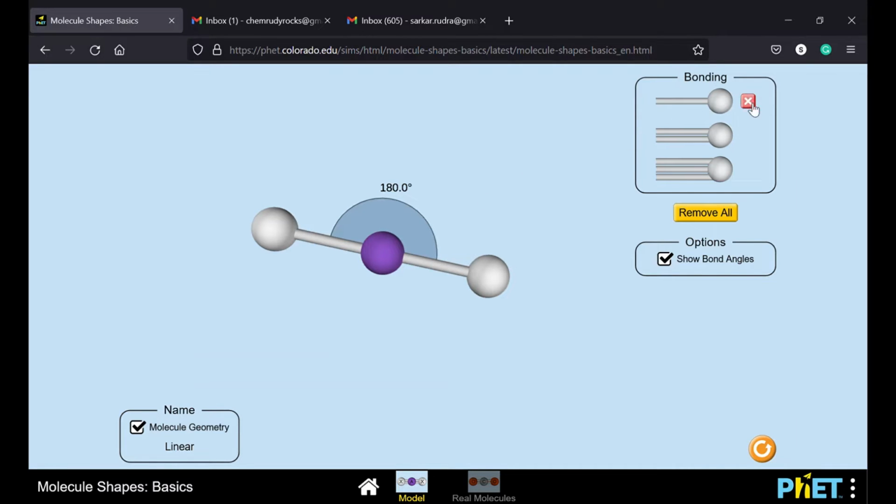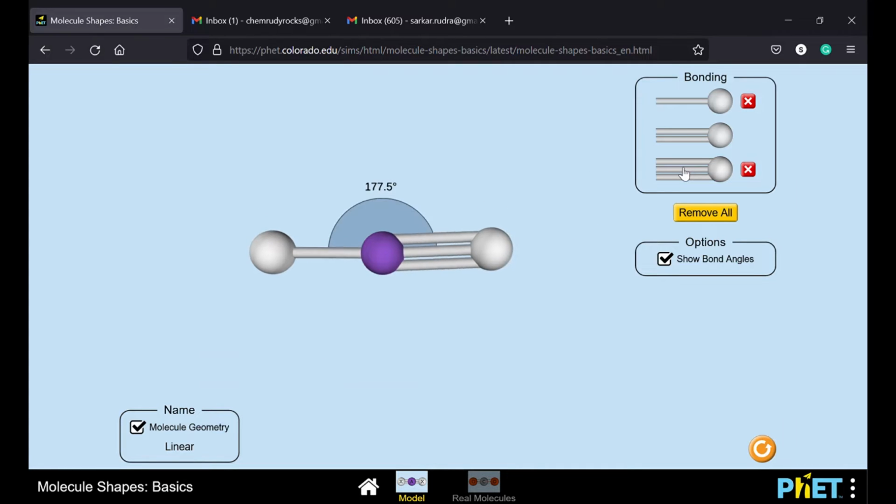Now let us consider another molecule. I'm calling this hydrocyanic acid. Suppose this is your carbon, this is your H, and that is your N. So between carbon and N there is a triple bond.